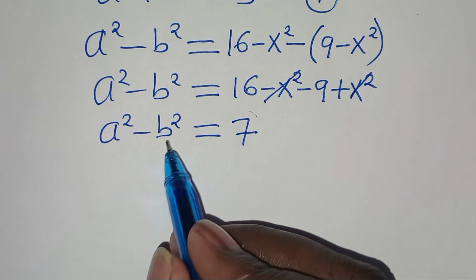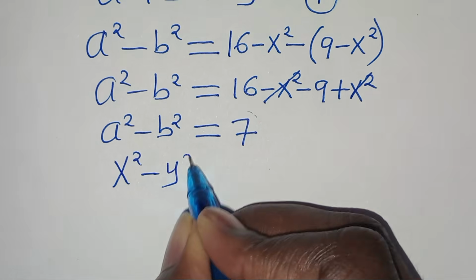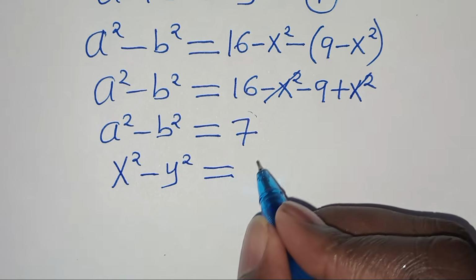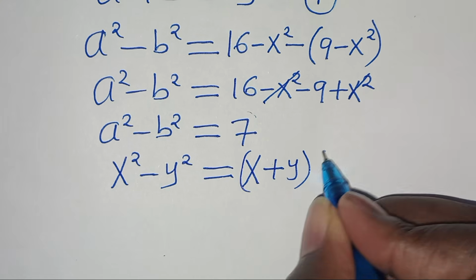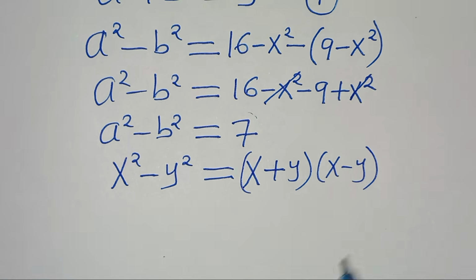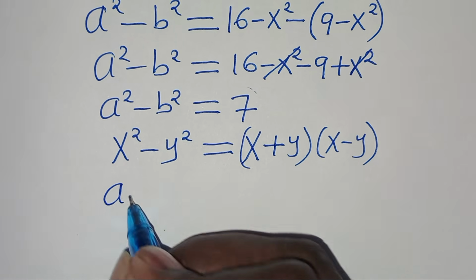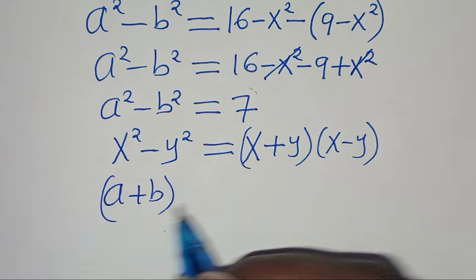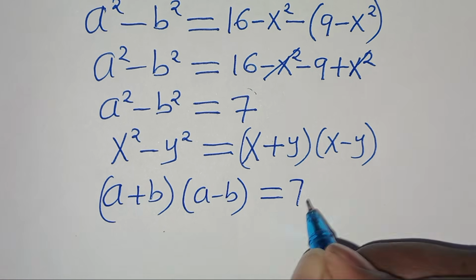Now, a squared minus b squared is in the form of x squared minus y squared, which is the difference of two perfect squares, which you can express as x plus y multiplied by x minus y. So here we have a plus b multiplied by a minus b, equal to 7.